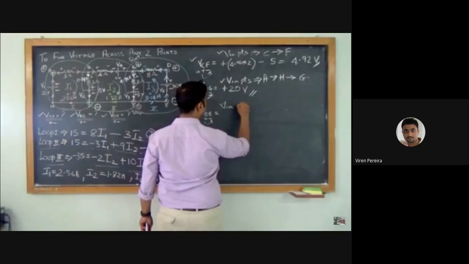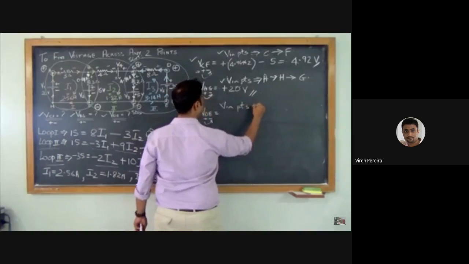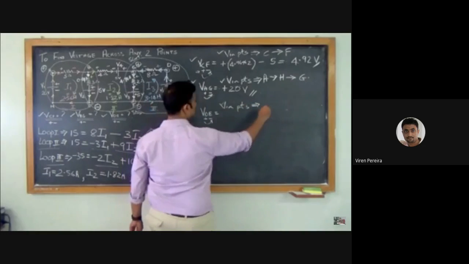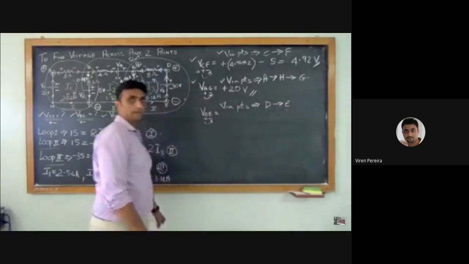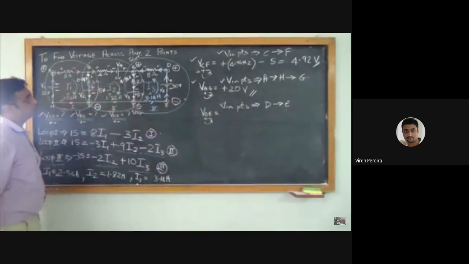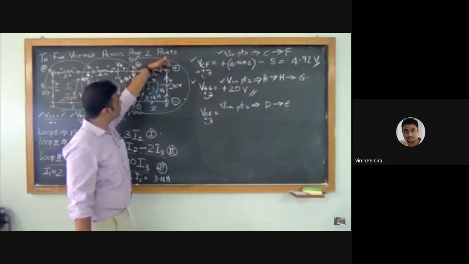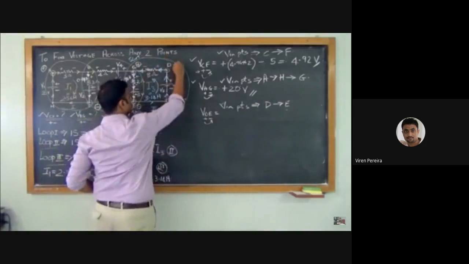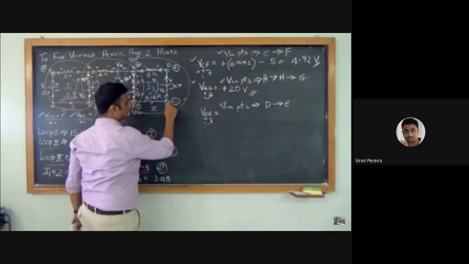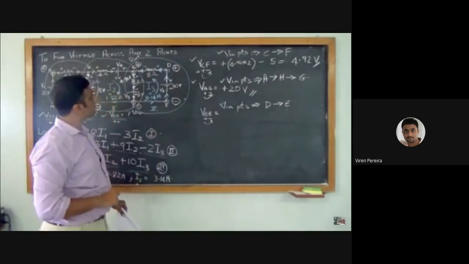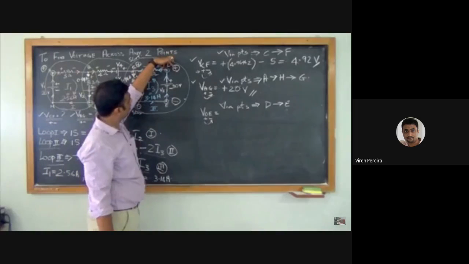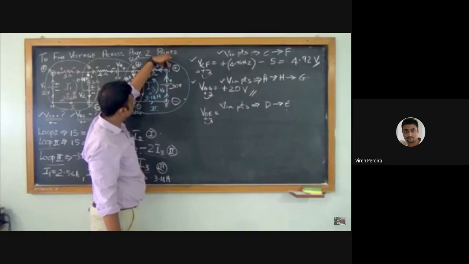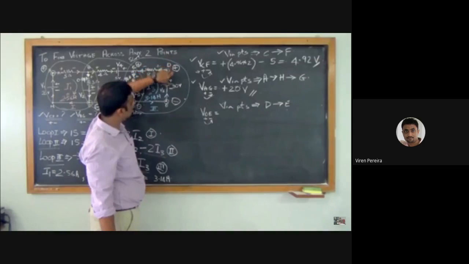So wire points D to E. Now the first terminal, as I told you, is the positive and the second is the negative. So if I'm considering my first terminal, I'm moving from D to E. So the first terminal it touches is the 30 volts voltage supply, that is V5.